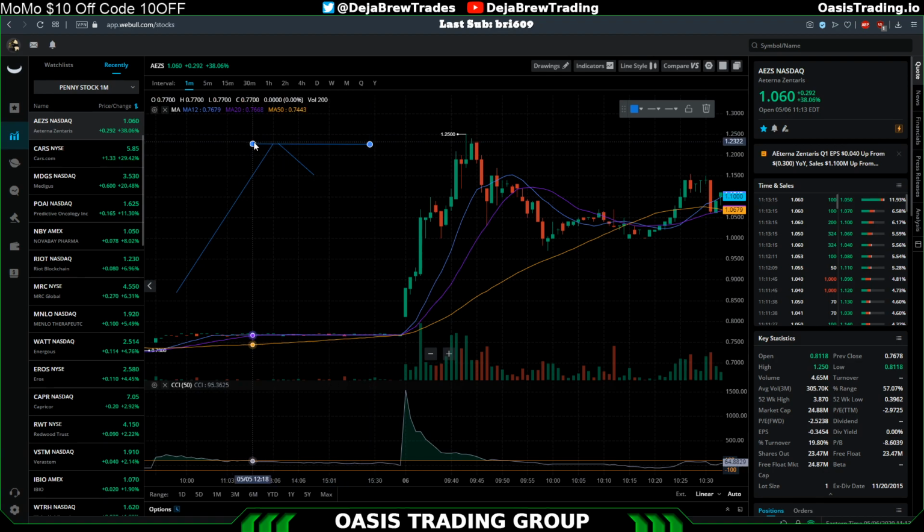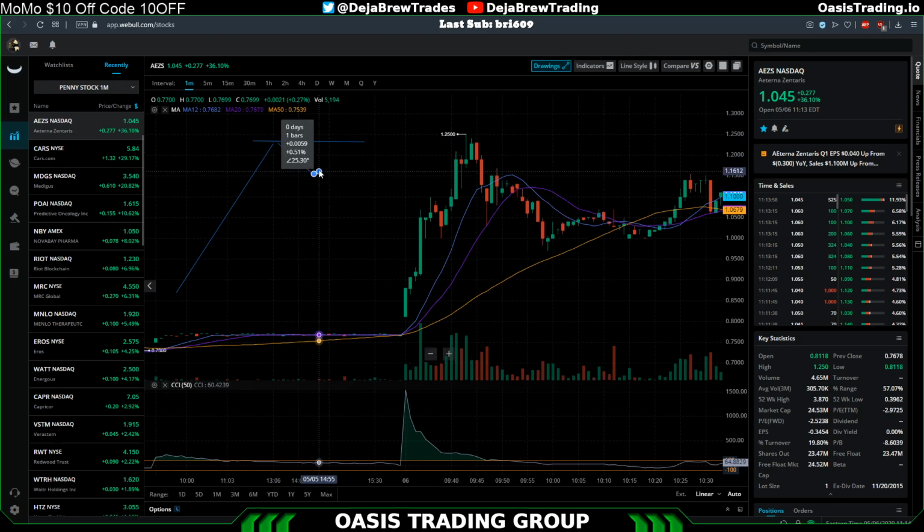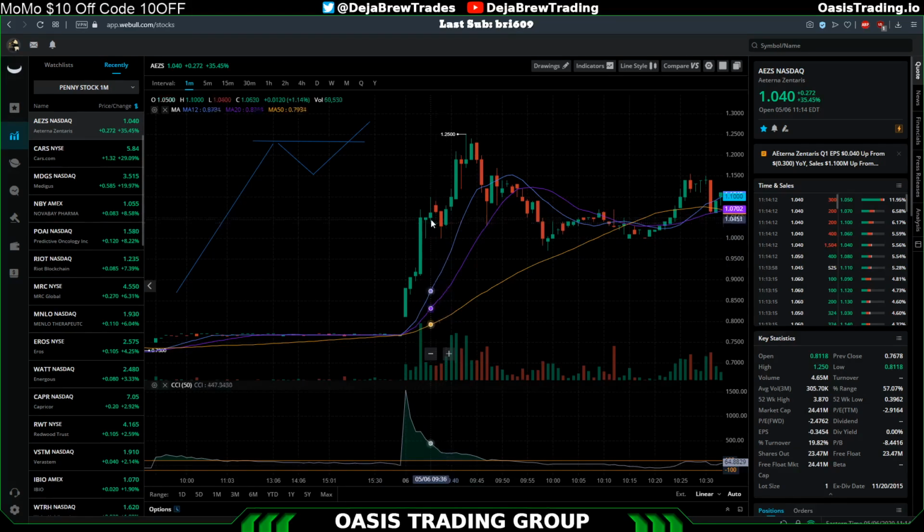If that pullback has low volume, and then you have a break of that pullback with good volume, that's another entry. Right here, you see that breakout, you see that pullback has less volume than the breakout, and then look at that volume coming in on the breakout. That would have been another entry. So you could have entered on that first pullback breakout, and then if we had a micro pullback, you could have entered on the micro pullback as well.